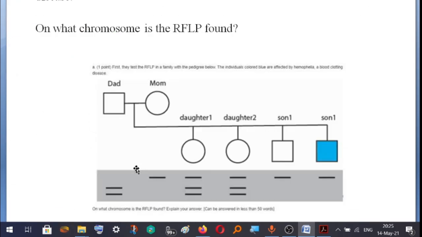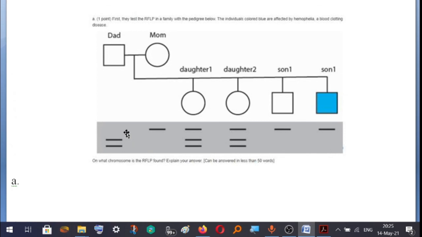Now let's switch to the question. Here the RFLP of the father shows 2 bands. That means the father doesn't contain any SNP of interest, whereas the mother shows only 1 band. This means that the mother has the SNP of interest, and we are seeing only a single band.